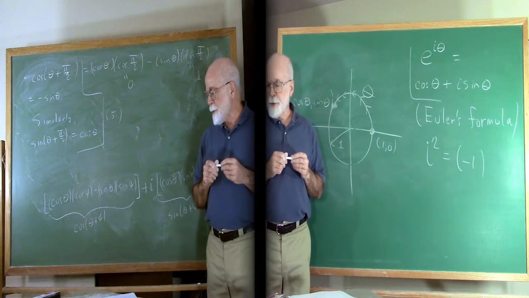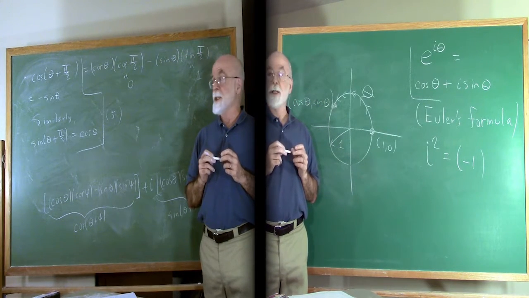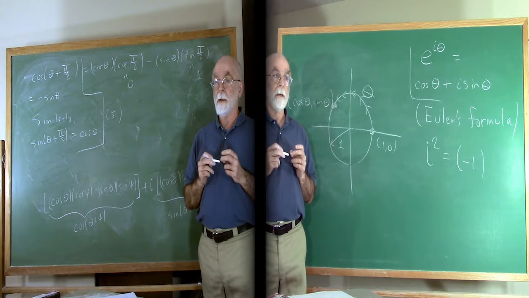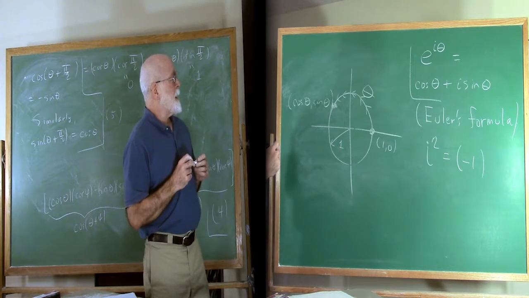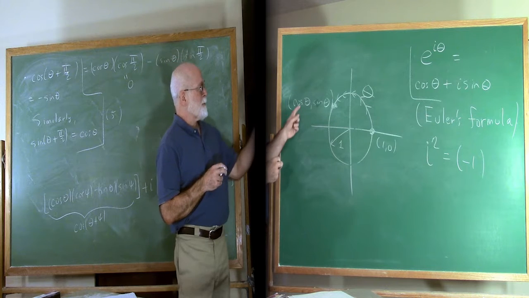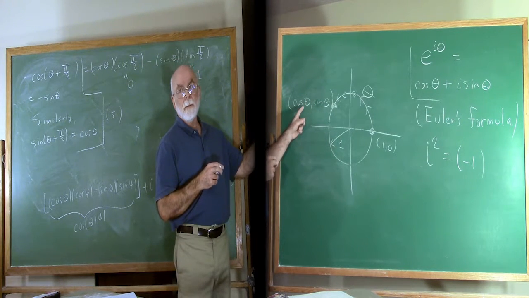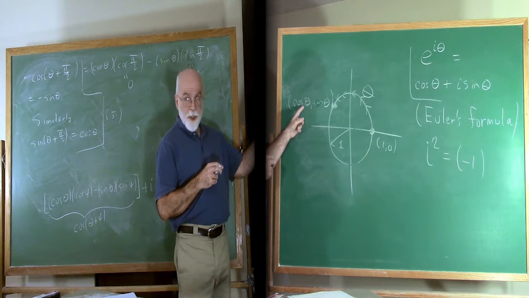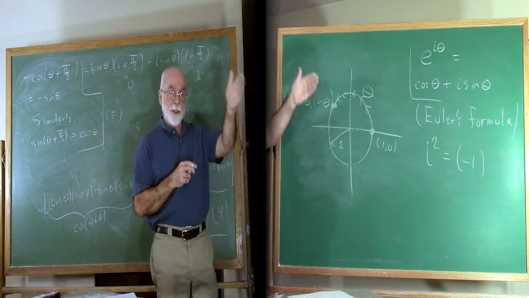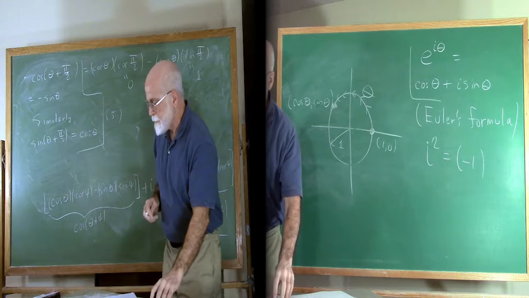There's an equally popular relationship between sine and cosine. It emerges if you just remember that that ordered pair is on the unit circle. Unit circle, remember, sum of the squares equals 1.